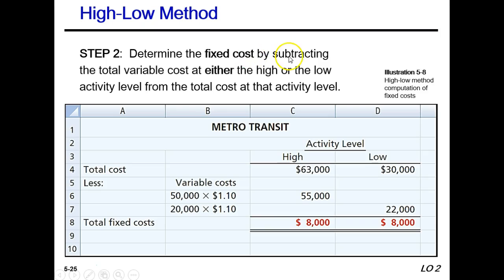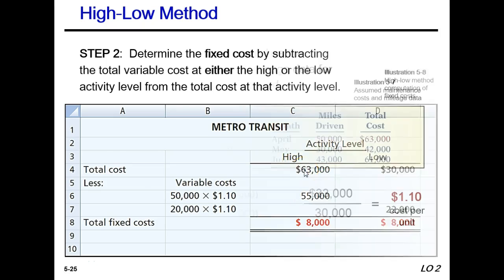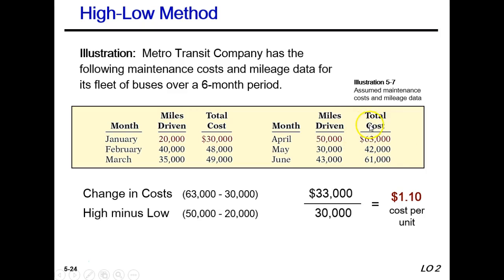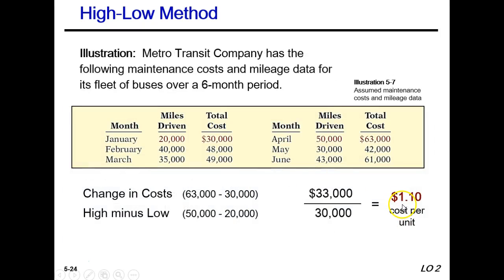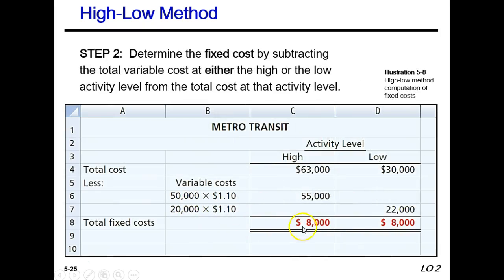Determine the fixed cost by subtracting the total variable cost at either the high or the low activity level from the total cost of that activity. So, in this scenario, going back here, you see this is 63,000. We take the 63,000, our variable cost, 50,000 miles at $1.10, which we came up with here, shows our fixed costs are going to be 8,000. At the low, we've got our low cost of 30,000.